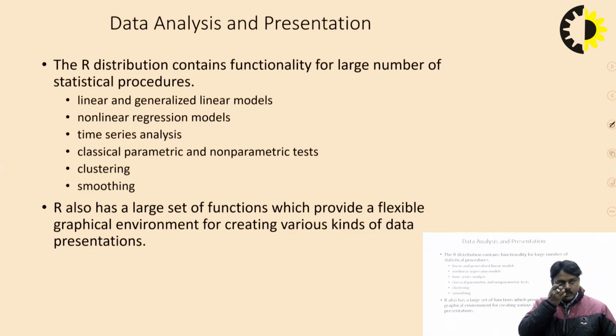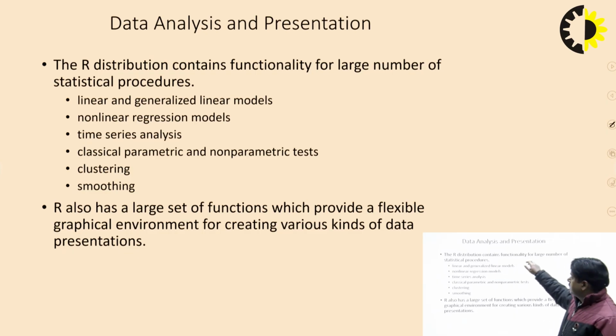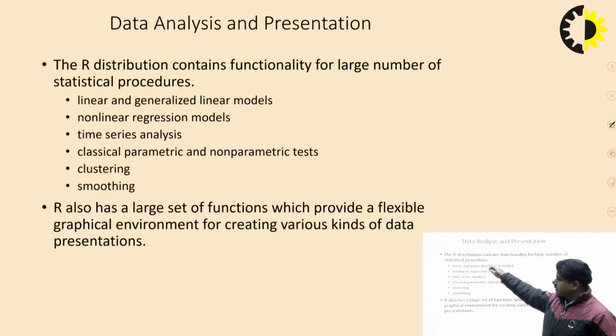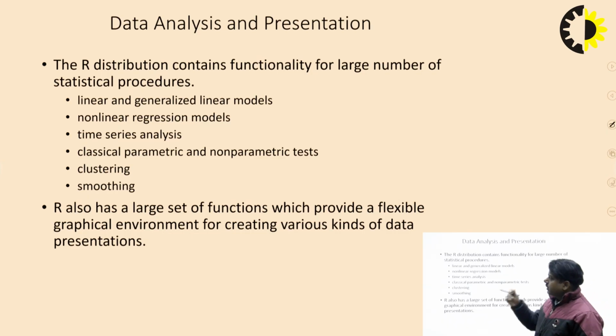Now, what do data analysis and presentation refer to here? The R distribution contains functionality for a large number of statistical procedures. From the very beginning we have been discussing that R contains statistical procedures, or statistical programming. So what kind of procedures are presented here?